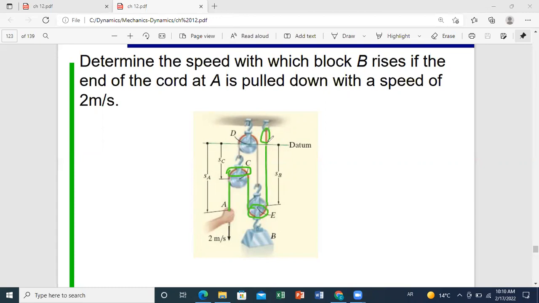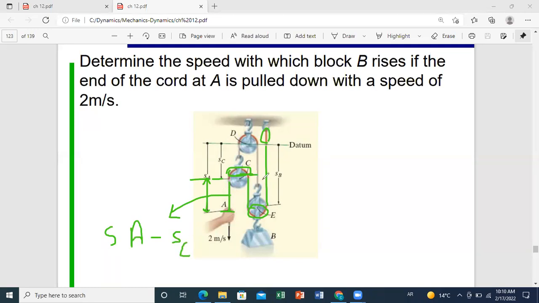If I want to express the total length of this chord, I say part 1 here is joining A to C, okay? So how can I express this length here? What is this distance between these two levels? S of A minus S of C. Very good.